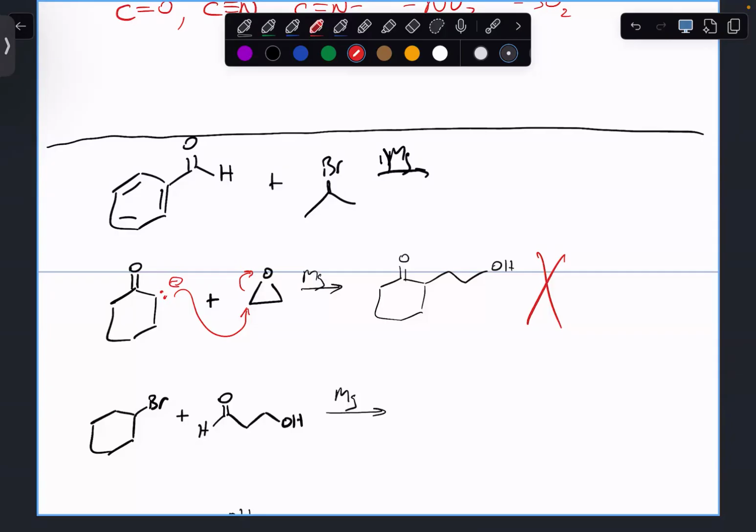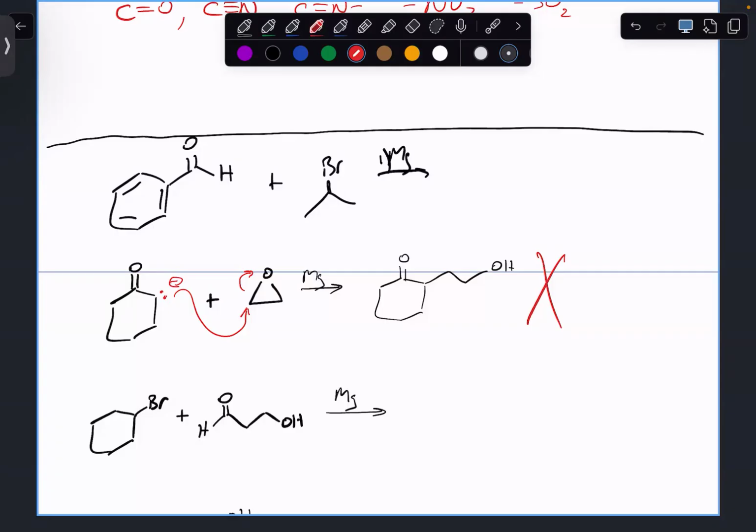As soon as you make the carbanion here, before you could even get this electrophile into the flask, this carbanion would see the carbonyl of another molecule and go and attack it. The problem with this reaction as written is you have two electrophiles in it.